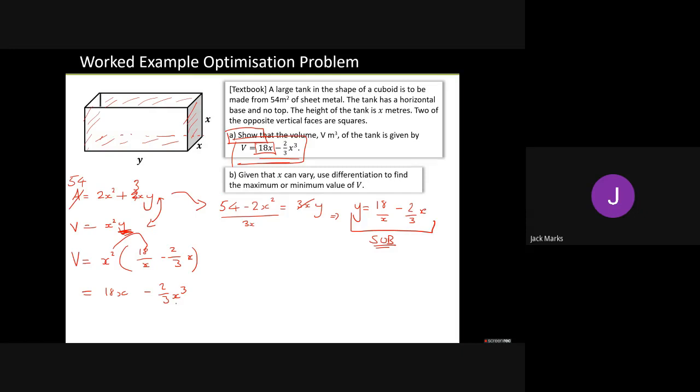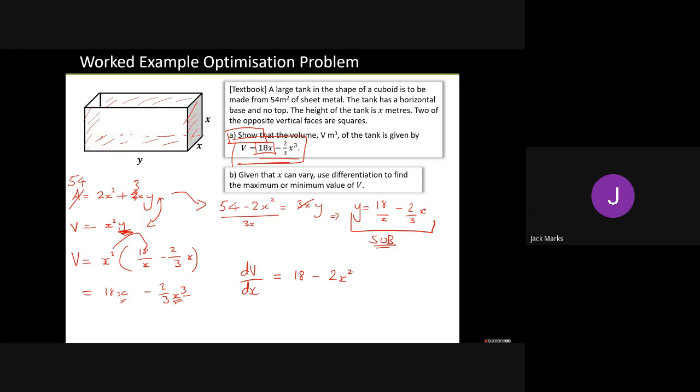Given that x can vary, in other words x is a variable, we can differentiate with it. Use differentiation to find the maximum or the minimum value of V. So V equals, use differentiation. We're going to do dV/dx, which is equal to 18 minus, don't forget to multiply, they'll cancel out when you multiply, 2x squared.